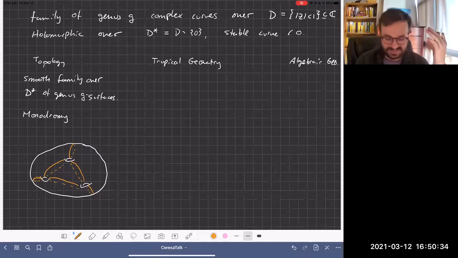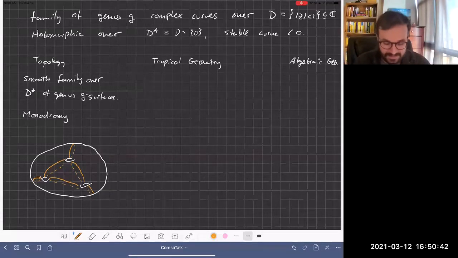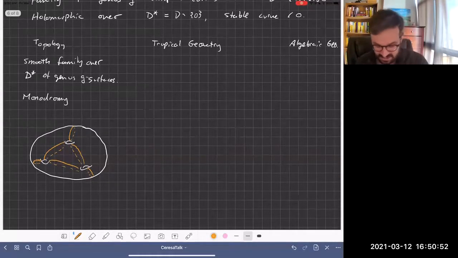Right, so you can think of this as maybe you look at these orange curves and you pinch them to 0, and then you look at the dual graph of this curve and you get a K4. So it turns out that the monodromy action corresponding to this family of curves over the punctured disk is just going to be equal to a product of commuting Dehn twists.